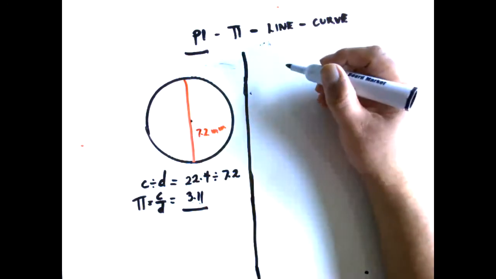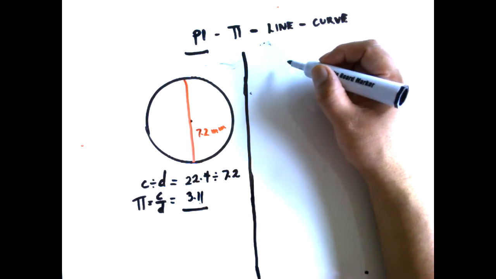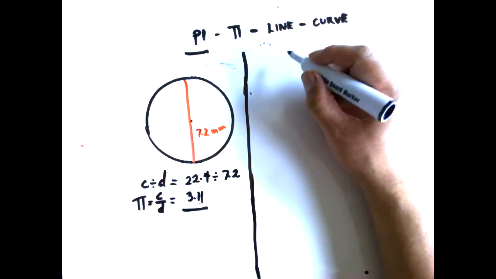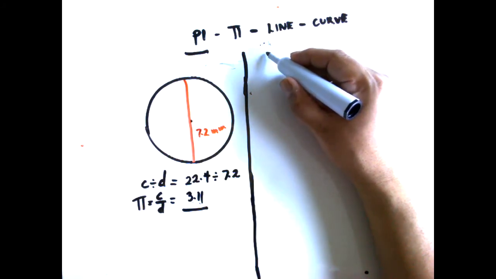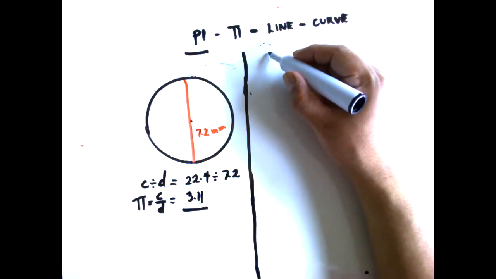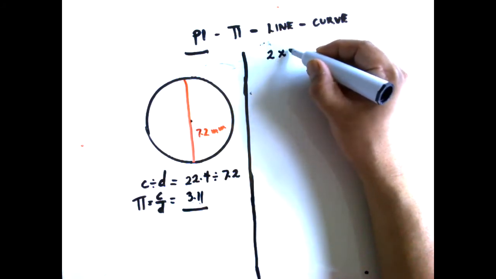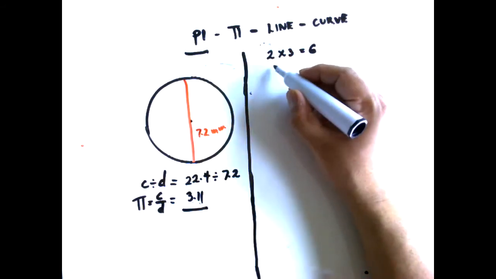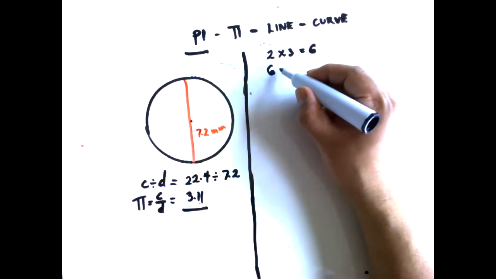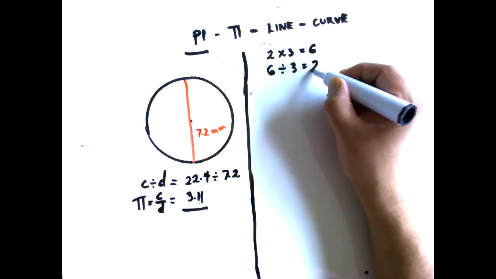We know from our previous lessons when you were in elementary or primary school that 2 times 3 is 6. The opposite of this is going to be 6 divided by 3 equals 2.